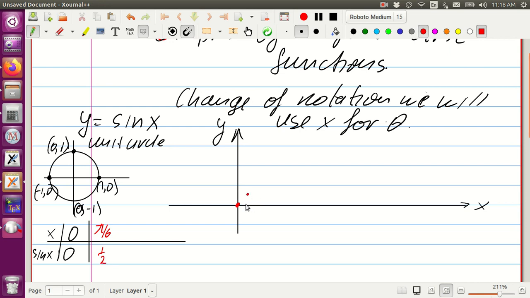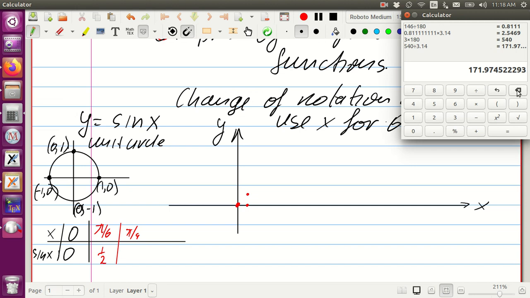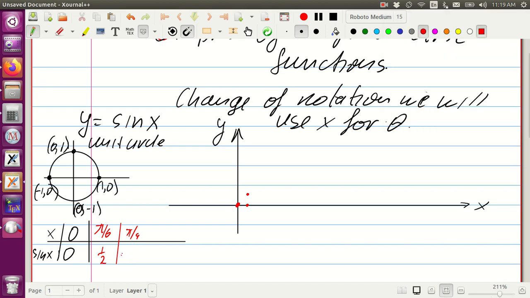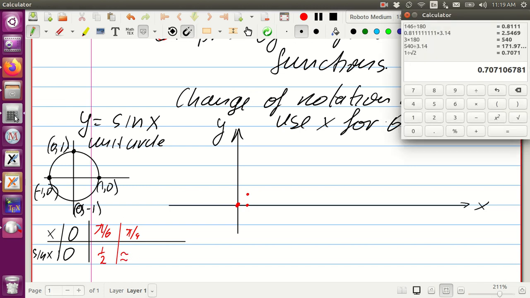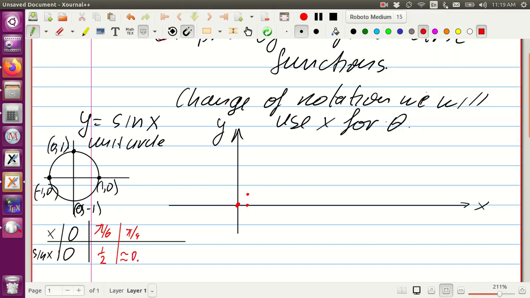Then at pi over 4, we're going to get 1 divided by the square root of 2, which is approximately 0.71. So it's close to 1.